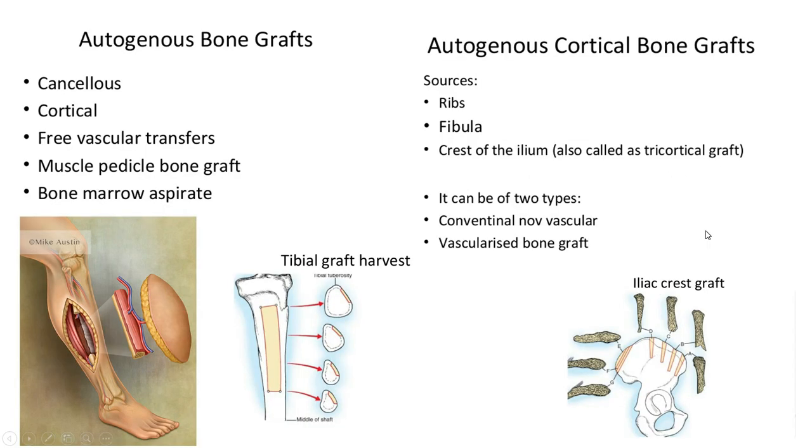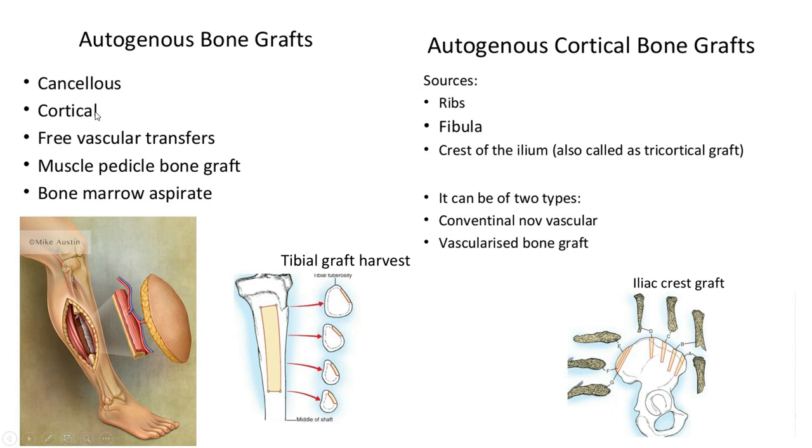Now, the most common bone grafting is autogenous bone grafting. What are the types of autogenous bone grafting? Cancellous, which has normal porosity, is spongy bone, and cortical bone is also used as a bone graft. Cortical bone means tough bone.